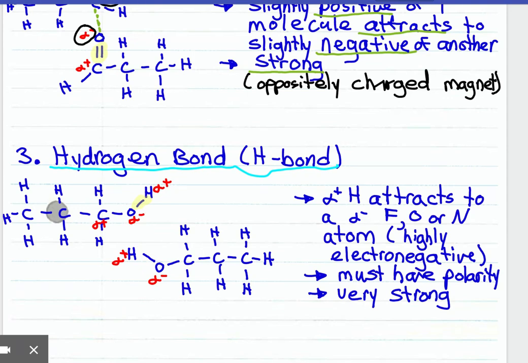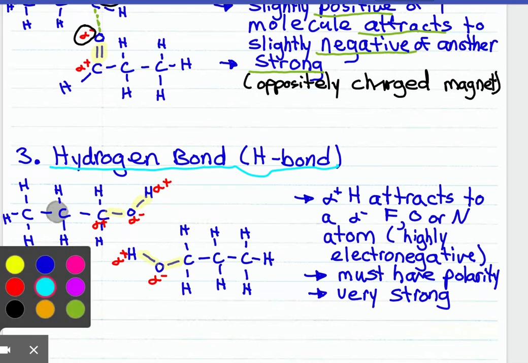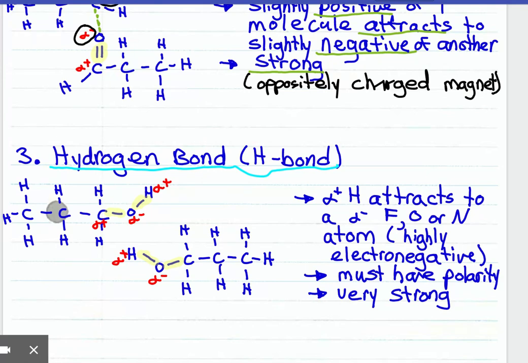So I am going to highlight this carbon-oxygen bond because it is polar. So we have these polar bonds, and what happens is the hydrogen here ends up being attracted to that oxygen, and this hydrogen ends up being attracted to this oxygen.